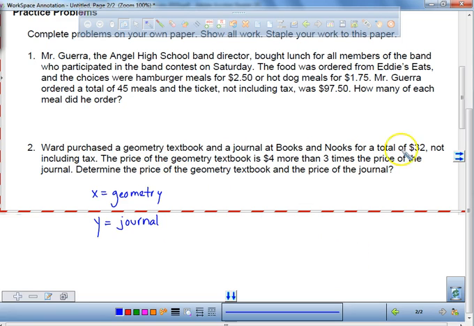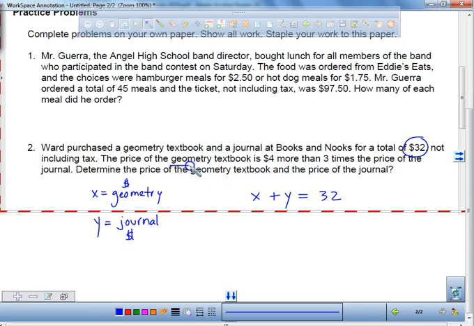It says there's a total cost of $32. So the price of the geometry textbook plus the price of the journal will equal a total of $32. But it also says the price of the geometry textbook is 4 more than 3 times the price of the journal. We've got to translate that.